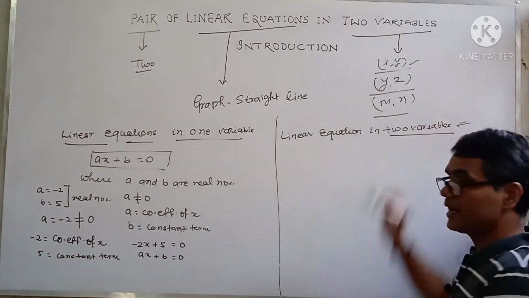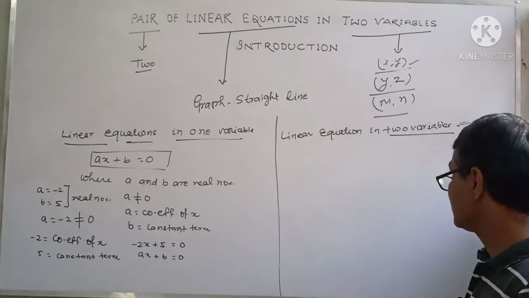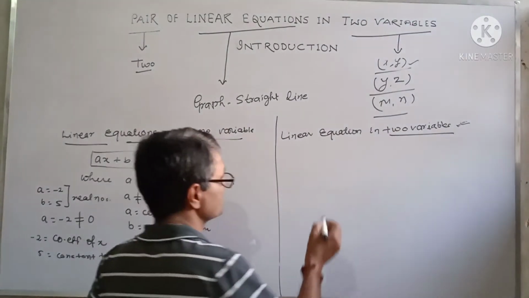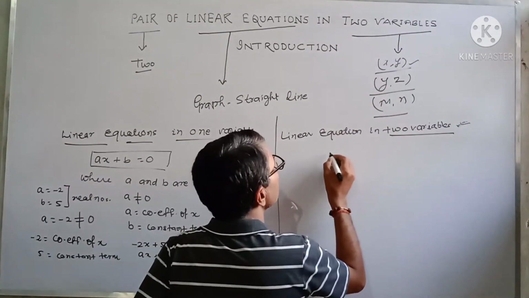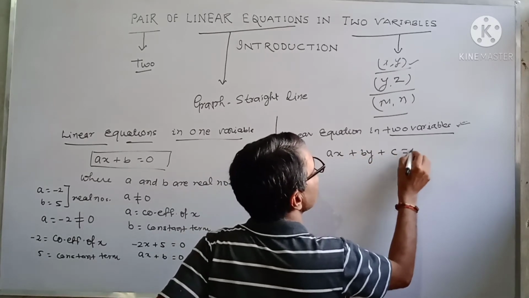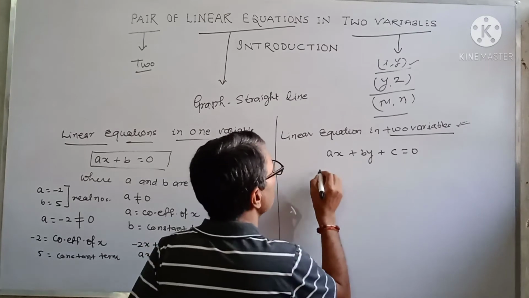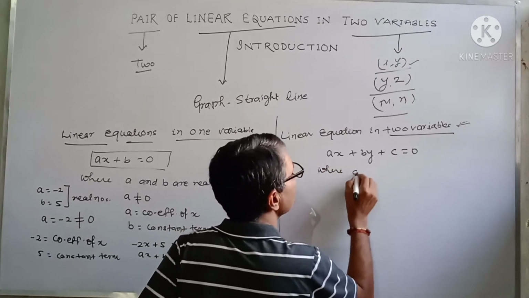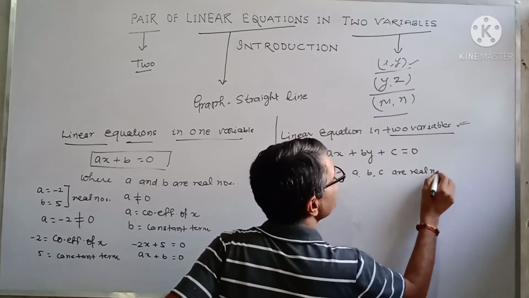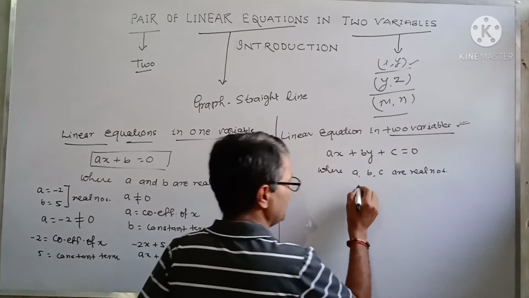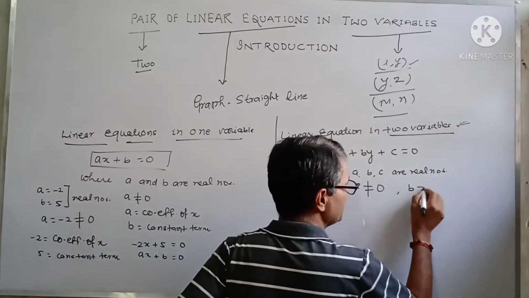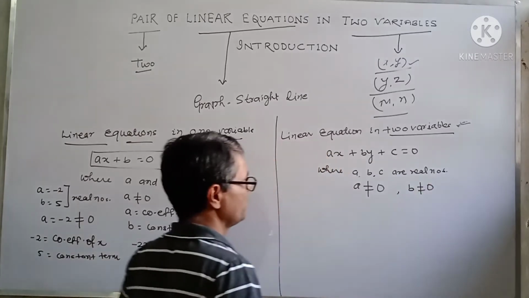Suppose that x and y are the variables, then the linear equation in two variables can be written as ax plus by plus c is equal to 0, where a, b, c are real numbers and a is not equal to 0 and b is not equal to 0.